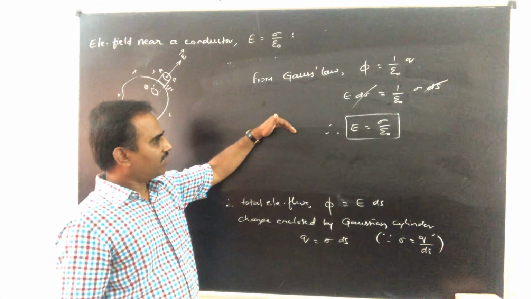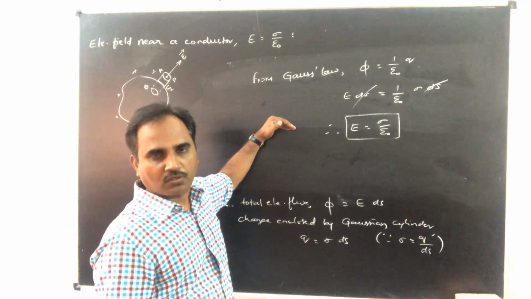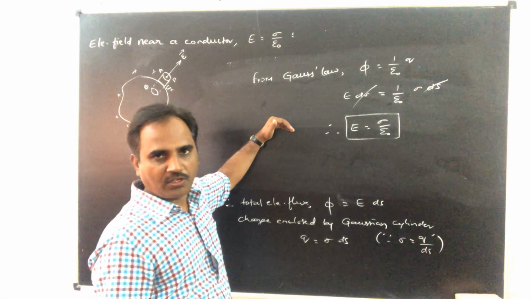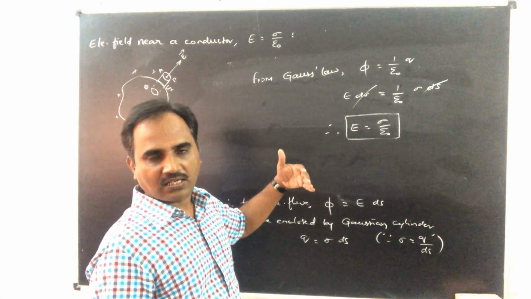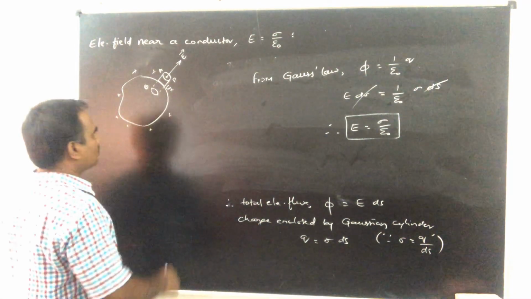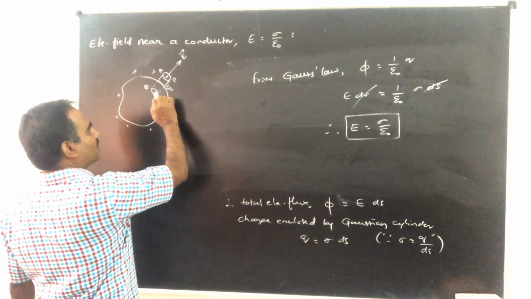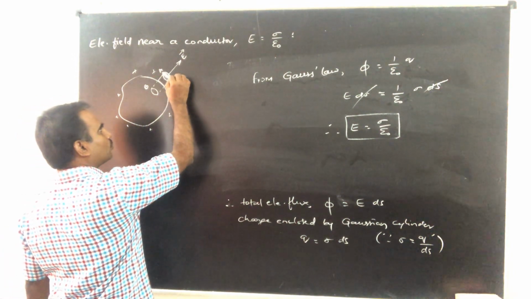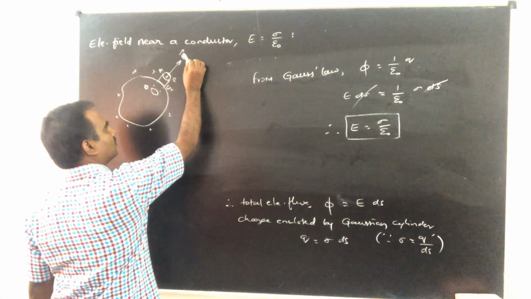This derivation can be asked for 3 marks in the examination. So if it is asked in the examination, you need to write only this much. To apply Gauss law, first you consider a Gaussian surface. This Gaussian surface must be in the form of a pillbox. Through this pillbox, flux will be emerging normally only through this area ds, through this end face.